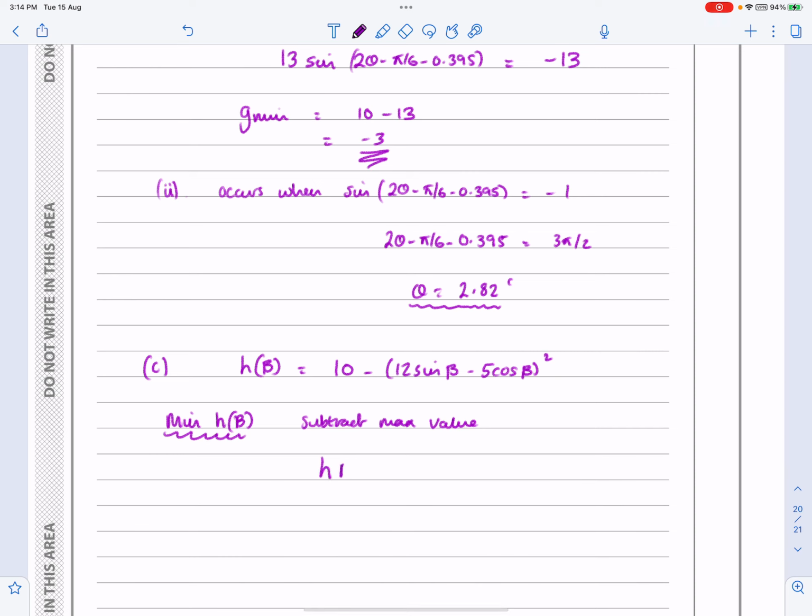So h beta is going to be 10 minus 13 squared, which is 10 minus 169, which gives me minus 159. That's the smallest that h beta can be, because I've taken as much as possible away from it.